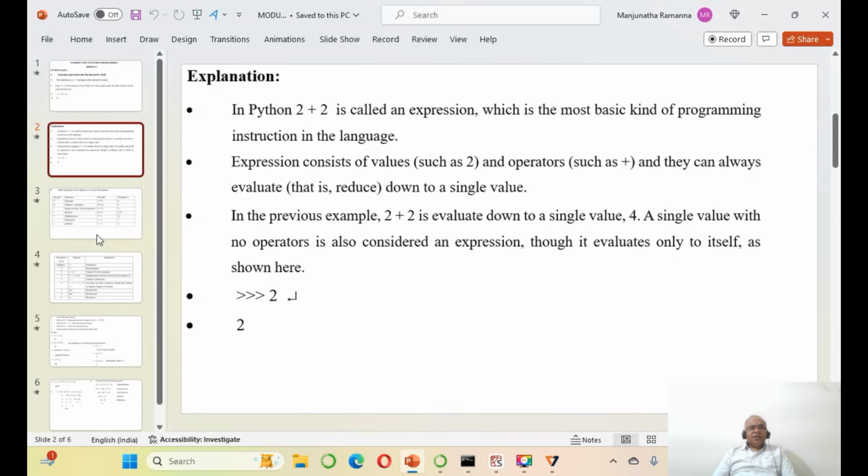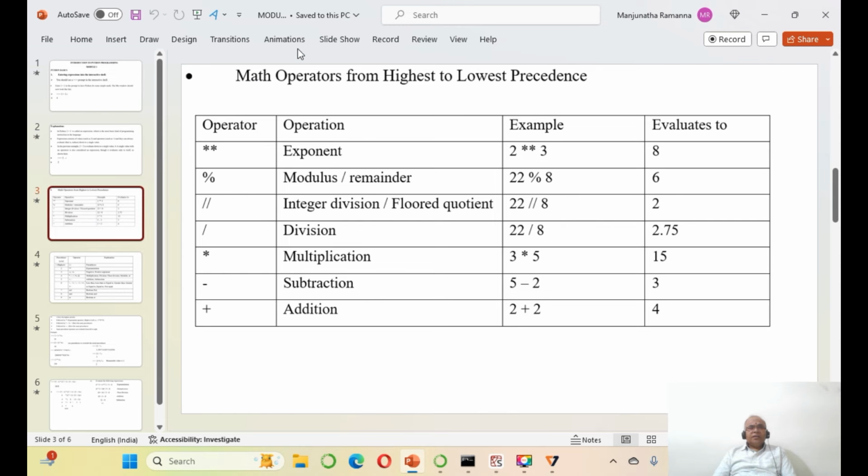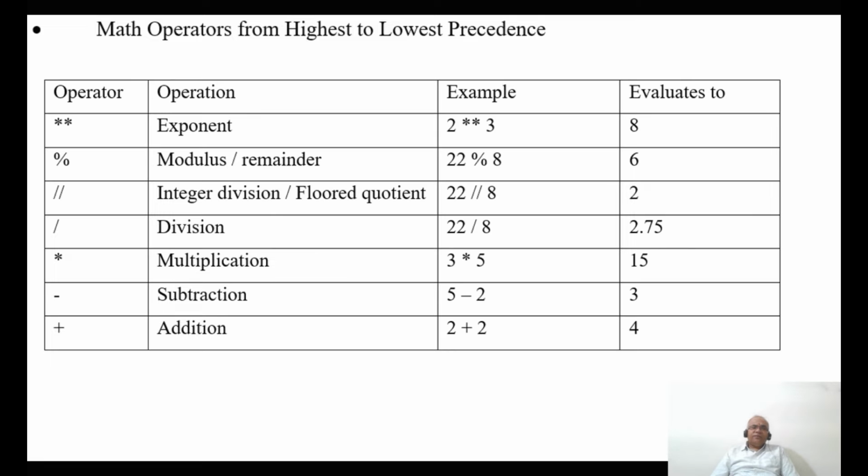itself. Now we will go for the expressions with the math operators from highest to lowest precedence. We have a table which goes from highest to lowest precedence, pertaining only to the math operators.